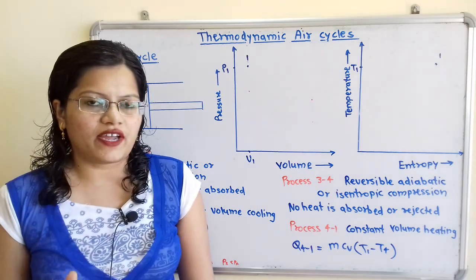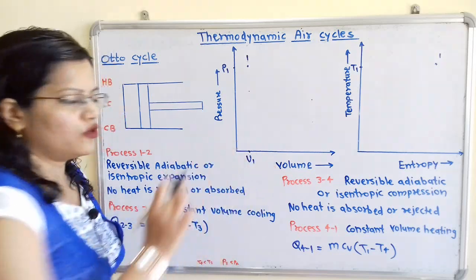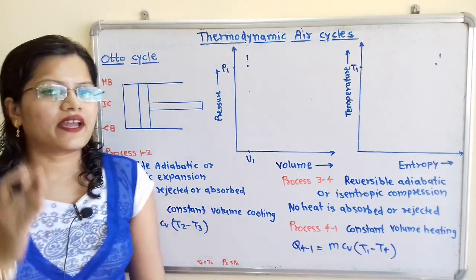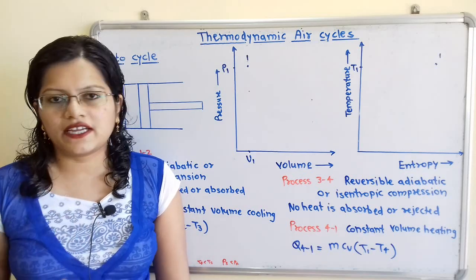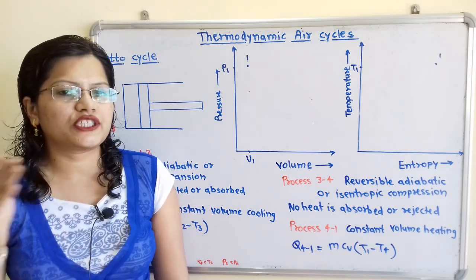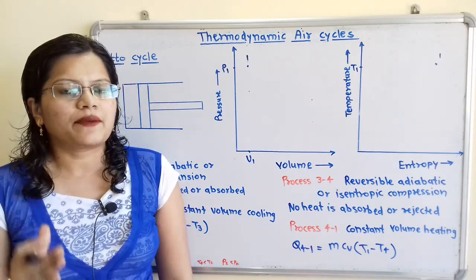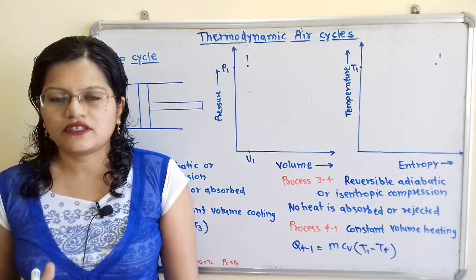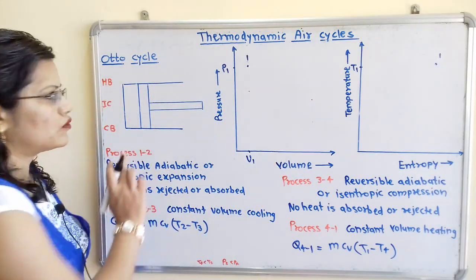Now what is the effect of expansion on temperature, pressure and volume? We know that whenever the expansion is taking place, pressure is getting decreased, volume is getting increased and temperature is also getting decreased. So we have to show all these during the process 1 to 2.